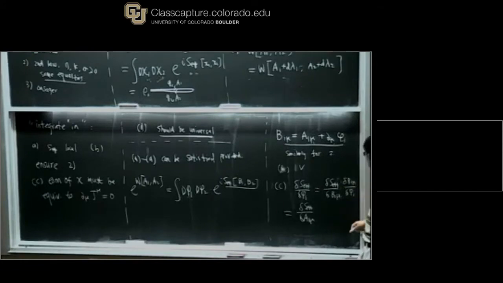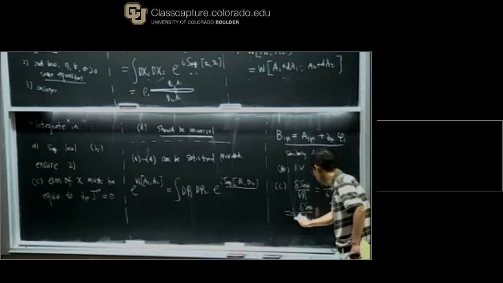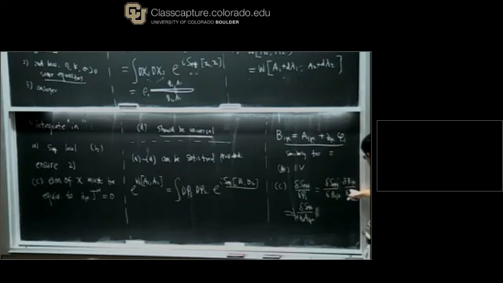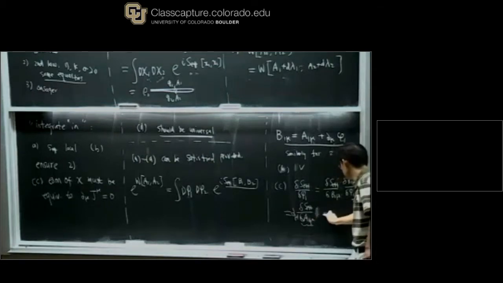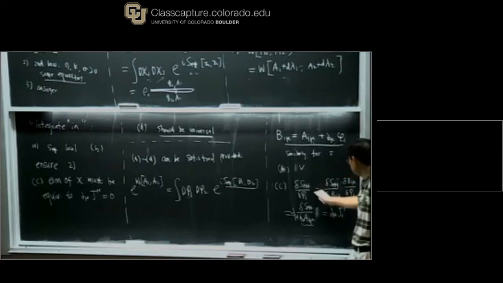And the second is just a total derivative, so you can integrate by parts. And this by definition is the current. So now we have the conservation of the current. This equal to 0 means this equal to 0. So the phi equation of motion is equivalent to the current conservation.